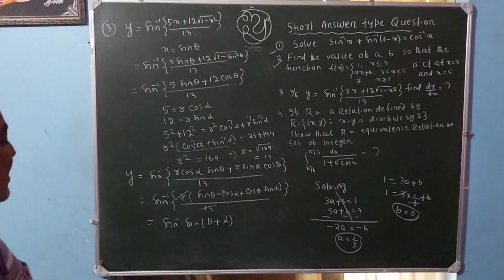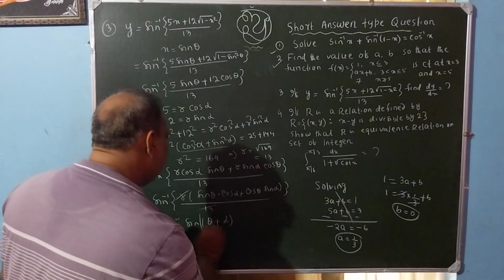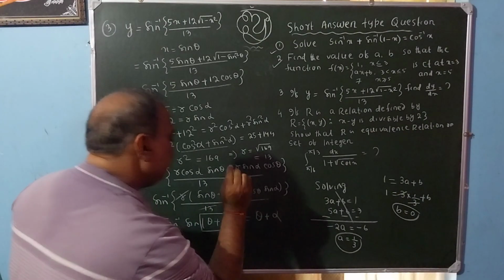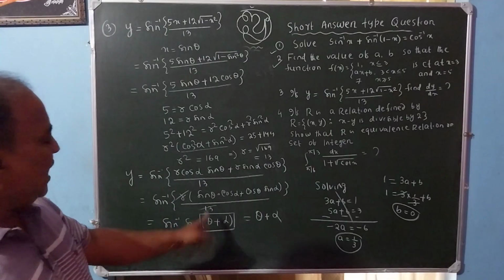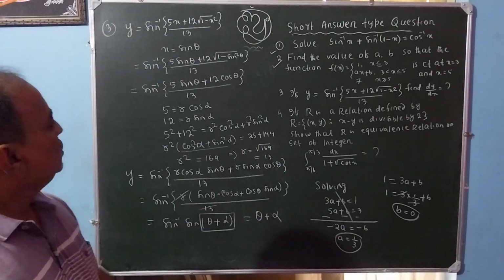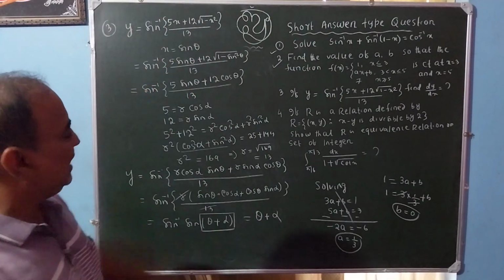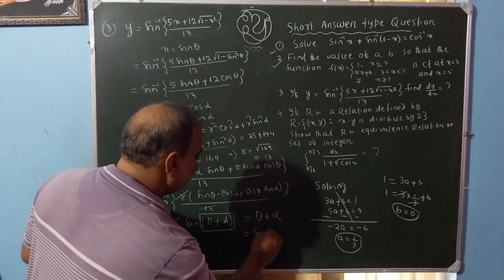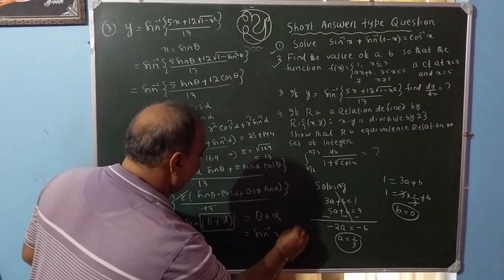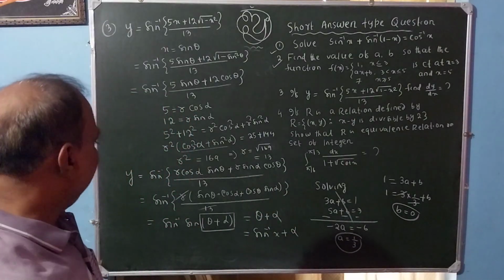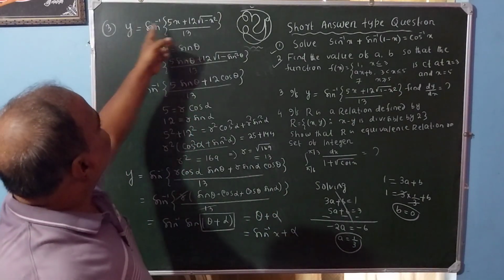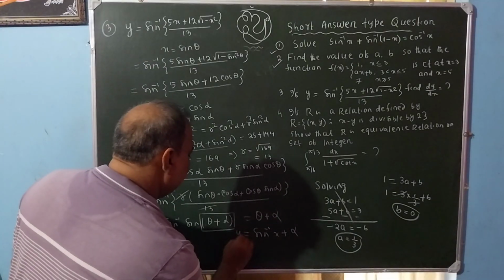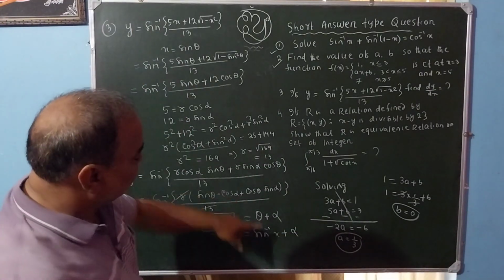Alpha is a constant. Sin inverse of sin box is equal to box. So when x is equal to sin theta, theta is equal to sin inverse x. So y is equal to sin inverse x plus alpha, where alpha is constant. Now it reduces to this.